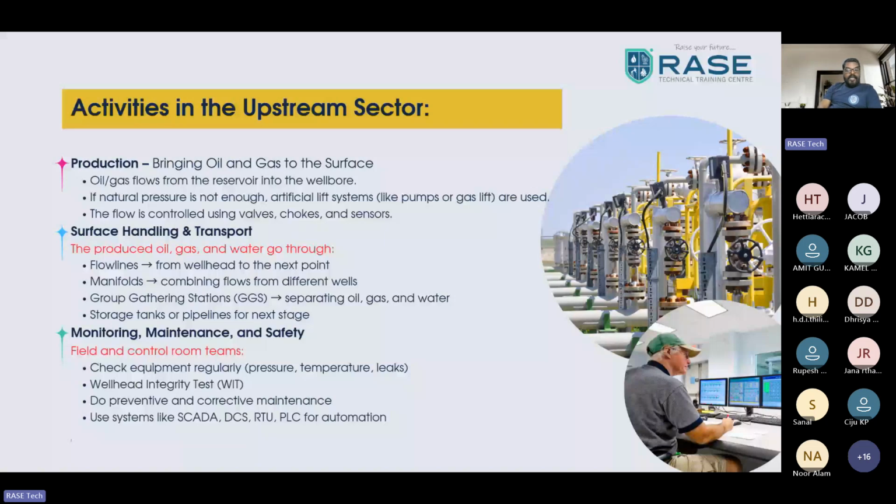Also, wellhead integrity tests for the maintenance part, and preventive and corrective maintenance. Systems like SCADA, DCS, RTU, and PLC are used for automation. In an upcoming section, we will discuss more about it. So these are the activities commonly found in our upstream sector.